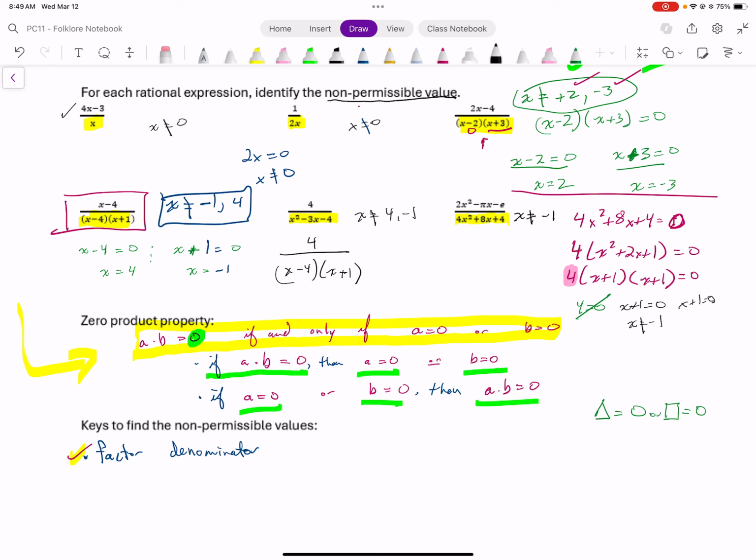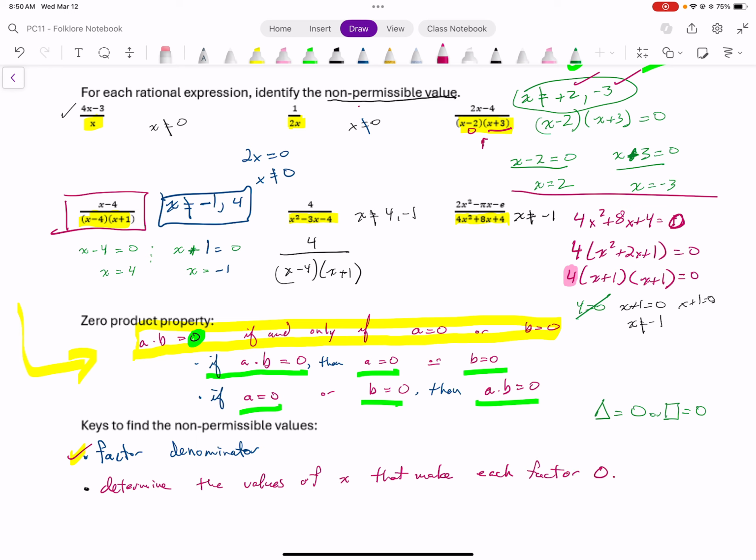So I feel like I can write more keys to find my non-permissible values. Factor the denominator. Determine the values of x that make each factor 0.